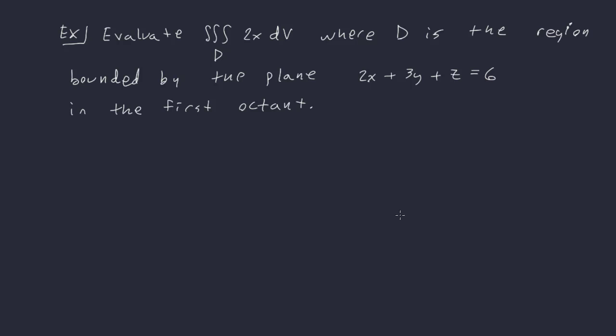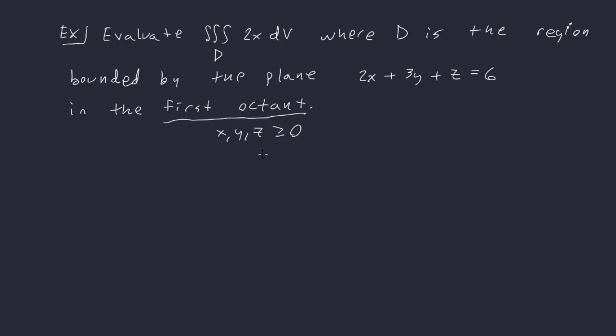So let's evaluate the triple integral over D of 2x dV, where D is the region bounded by the plane 2x plus 3y plus z equals 6 in the first octant. Okay, remember the first octant, this is when x, y, and z are all positive.